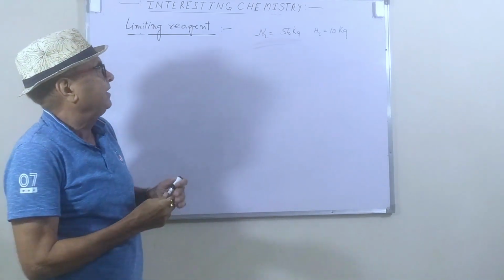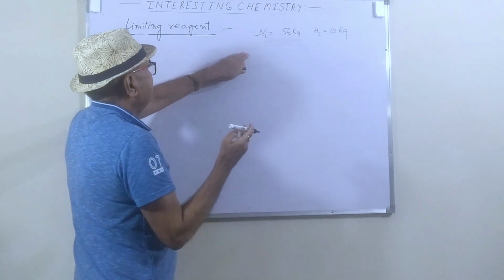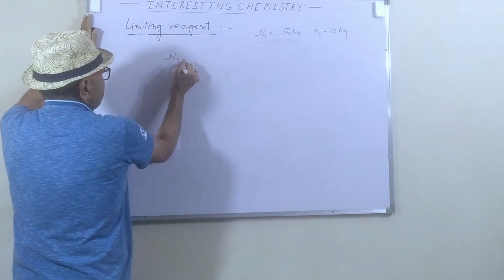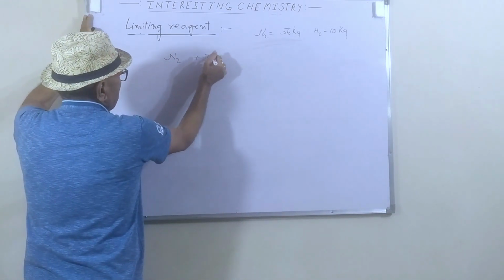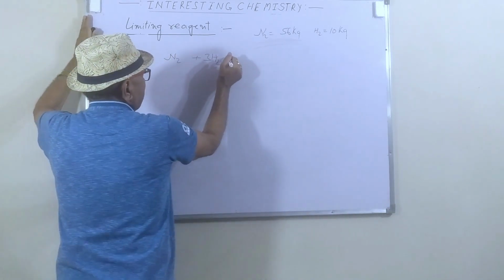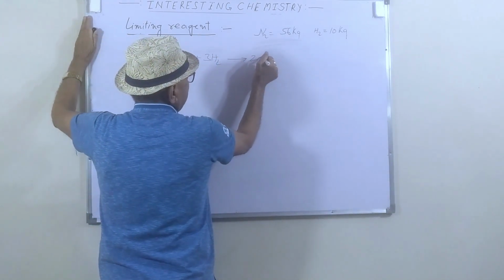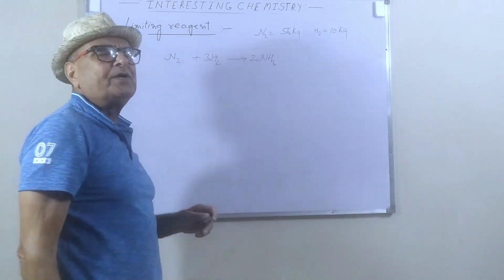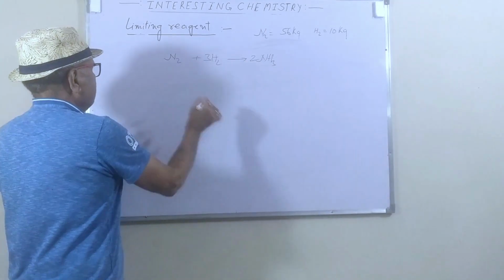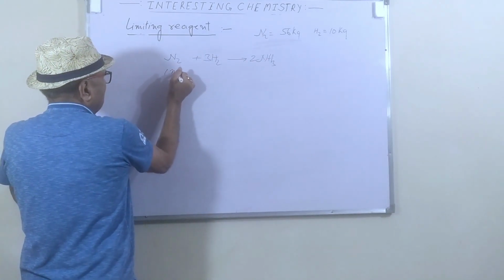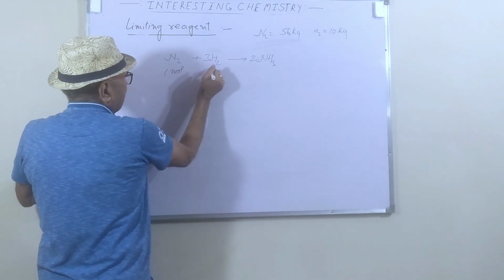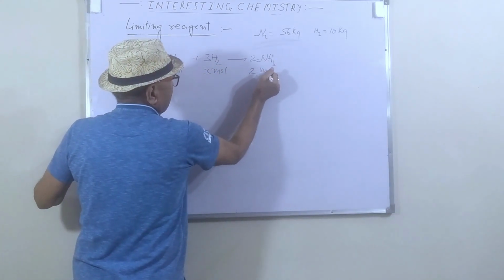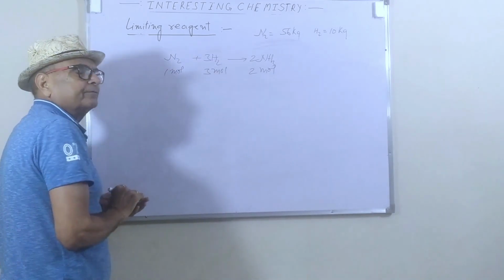So I think you have written this reaction: nitrogen plus 3 hydrogen gives 2 NH3. It's the Haber process to form ammonia, 2 NH3. So 1 mole, 3 mole, and 2 mole of ammonia formed in this reaction.